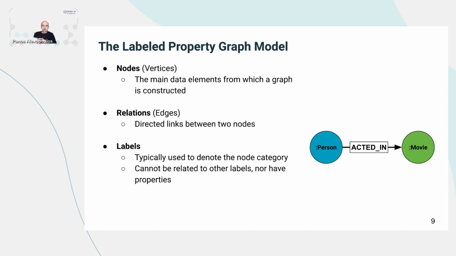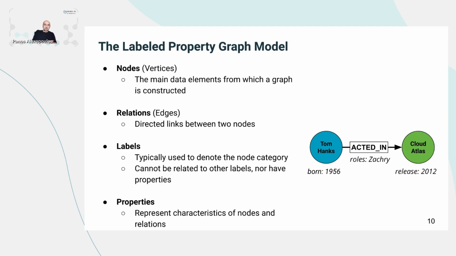Now, it is very important to keep in mind that labels cannot be related to other labels. It's not possible to define a relationship between labels, nor can we define any properties about labels.